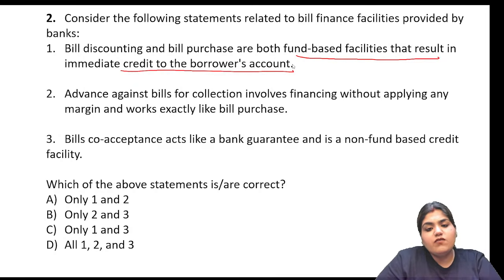Advances against bill for collection involves financing without applying any margin or work exactly like bill purchase. No. Advances against bills for collection is not identical to bill purchase. It involves drawing powers based on the bills. There is a margin. It is not at all like bill purchases.